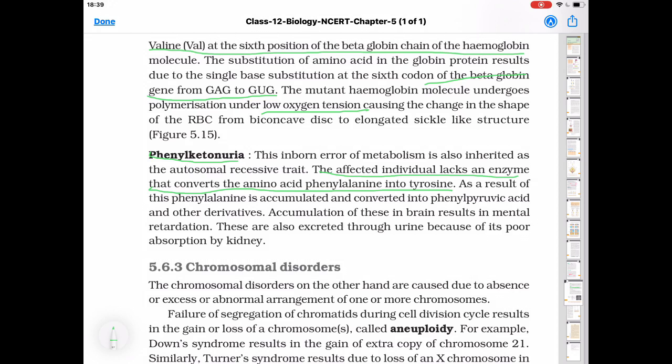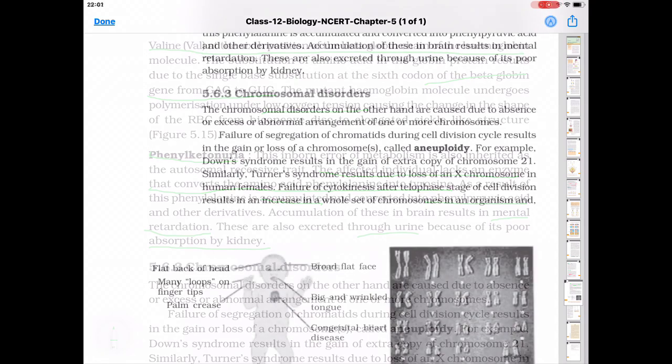Because of this, the phenylalanine accumulates in their body and is finally converted into phenylpyruvic acid. Because of the accumulation of this phenylpyruvic acid in the body, it causes mental retardation. These are also excreted through urine because of their poor absorption by the kidney.